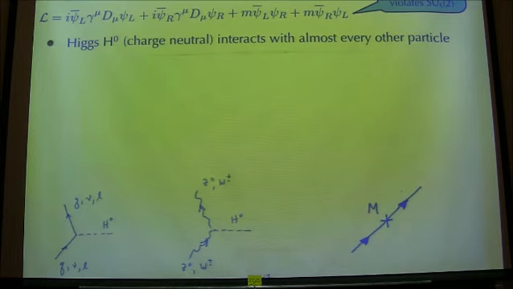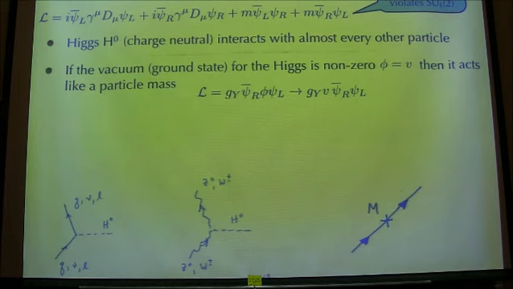I've got some others, but maybe I don't have time. The basic idea is that if we have an interaction, called a Yukawa interaction, that connects the Higgs field to the left-handed piece, the Higgs can sop up the symmetry transformation of the left-handed parts of the field and preserve SU(2) symmetry. But if this field becomes constant, it gives you something that looks exactly like a right-left piece, that is, mass.